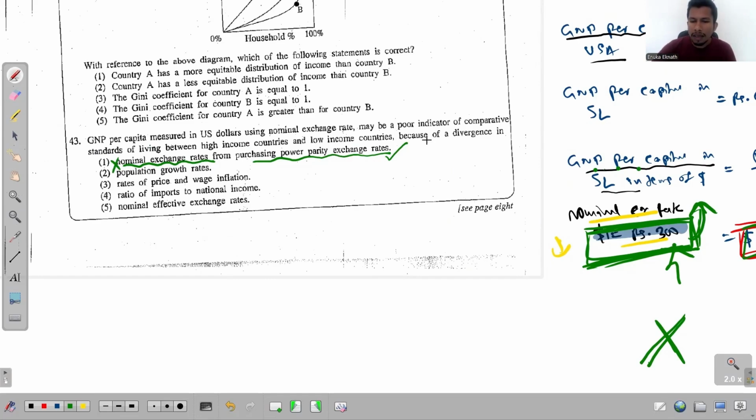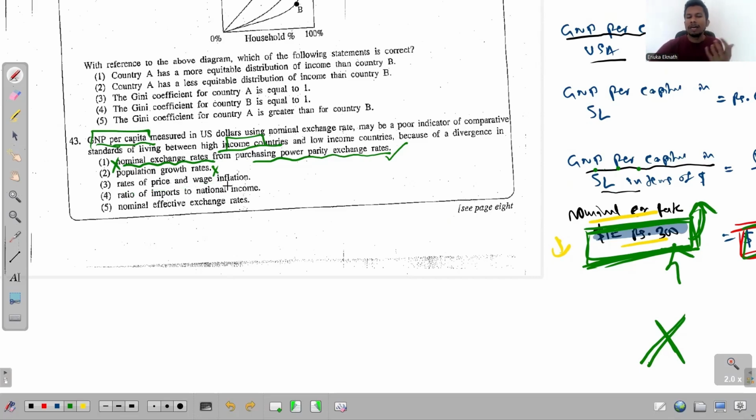ඊළඟ අනිත් ඒවා අපි බැලුවොත් එහෙම because of a difference in population growth rate. එතකොට it matters when it comes to this per capita thing. හැබැයි මෙතන more than that per capita we are going to make a comparison between GNP per capita with high income country with another low income country. එතකොට more than the population growth rate the exchange rate matters. ඊළඟ third one says rates of price and wage inflation.